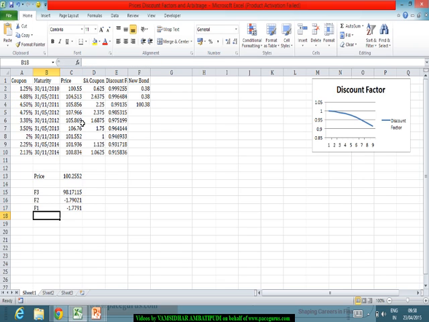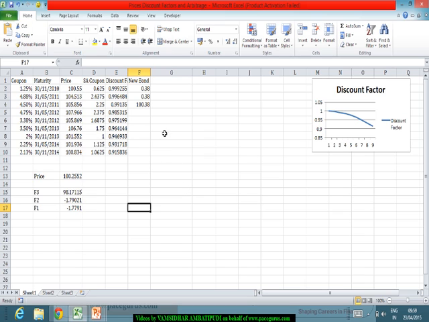So this gives me minus 1.779. So these are the face values that need to be invested, which means I go long on this and go short on these two face values. This is going to replicate the cash flows of the new bond.